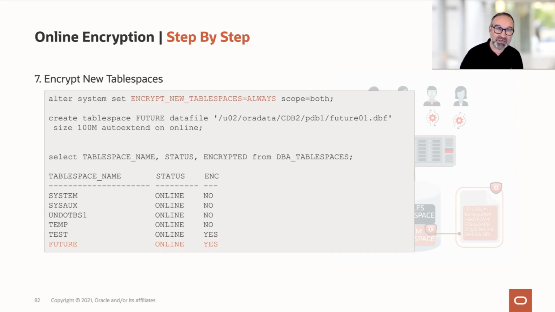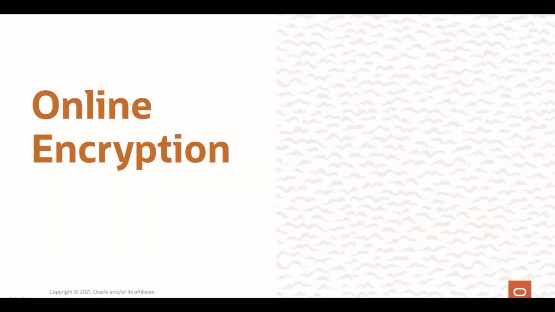And now I create my tablespace future here, size 100M autoextend online, and you see it in the DBA_TABLESPACES. It will be encrypted right from the start. So don't forget this extra step. This is a really useful feature, online encryption, there since 12.2.0.1, and extremely helpful in all the environments.